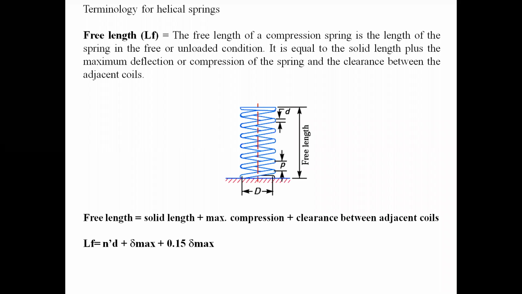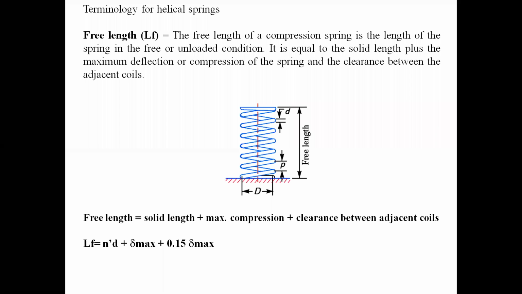When it is in the free condition, the free length of the compression spring is the length of the spring in the free or unloaded condition. Solid length is very simple, but the free length is equal to solid length plus maximum compression plus clearance between adjacent coils.